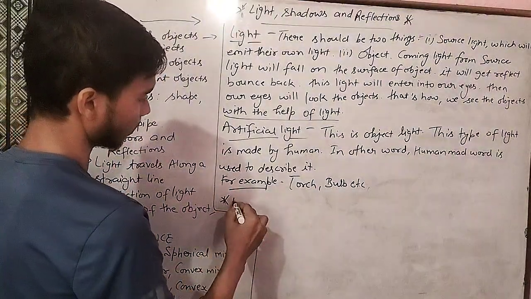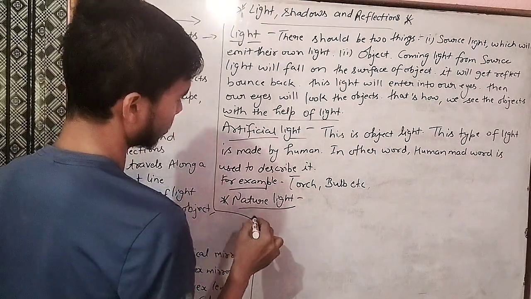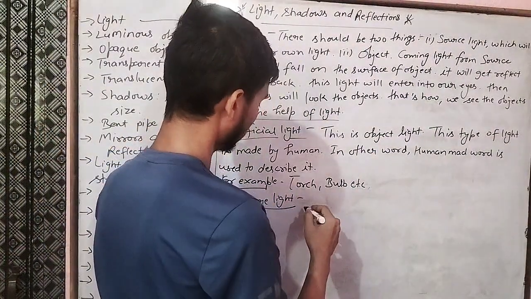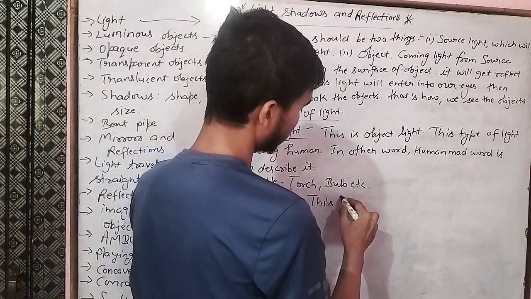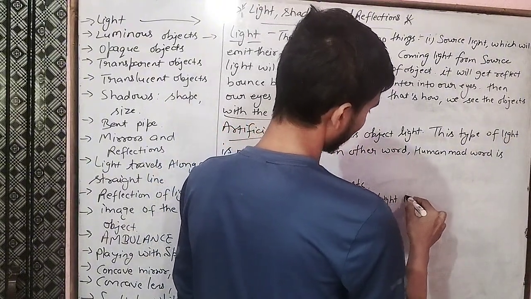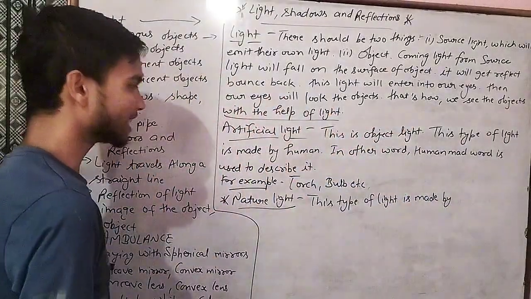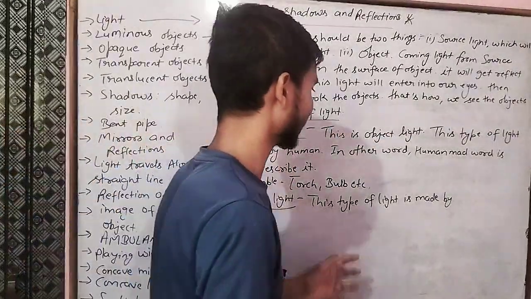So natural light. This type of light is made by what?